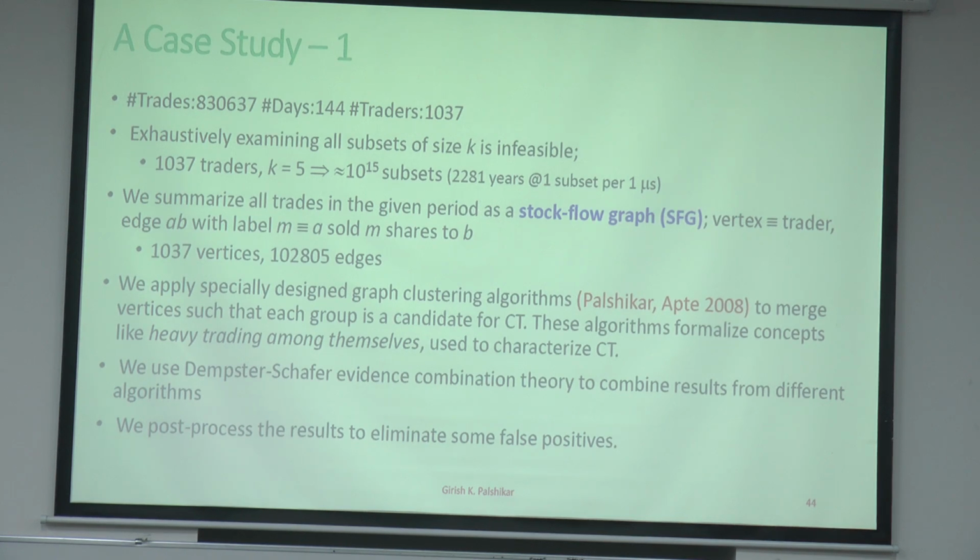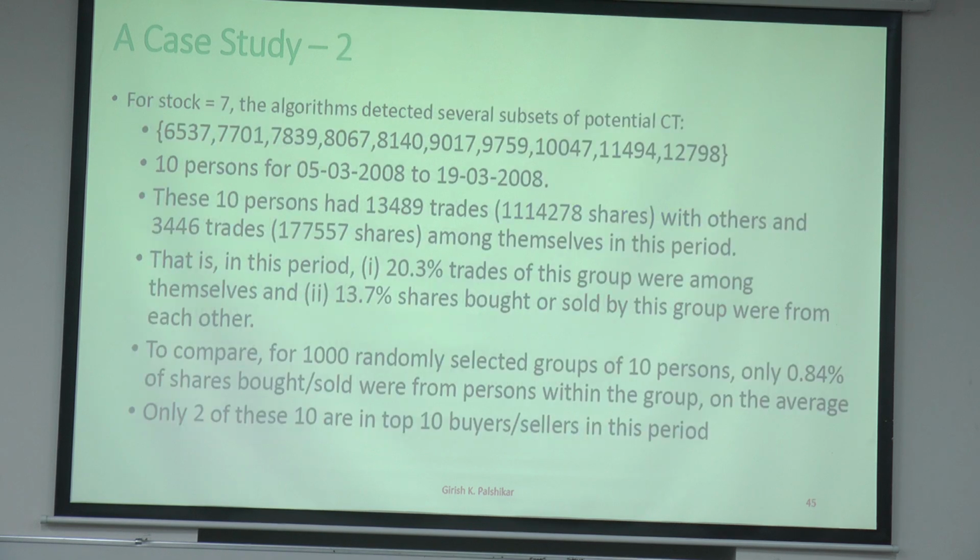So here is one case study. Here there are about 830,000 trades among 1,037 people, and we applied this mechanism, all this stuff, and we found there is a group of 10 people who were colluding with each other.